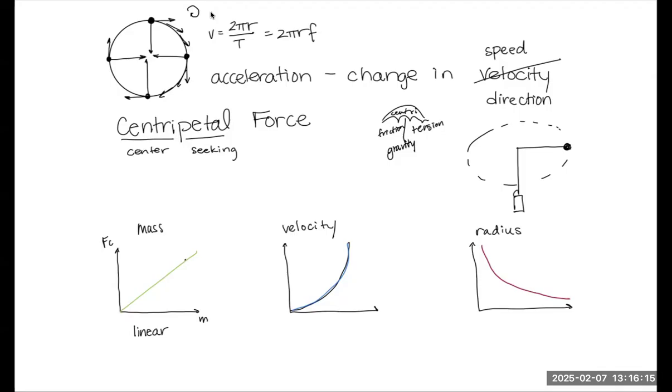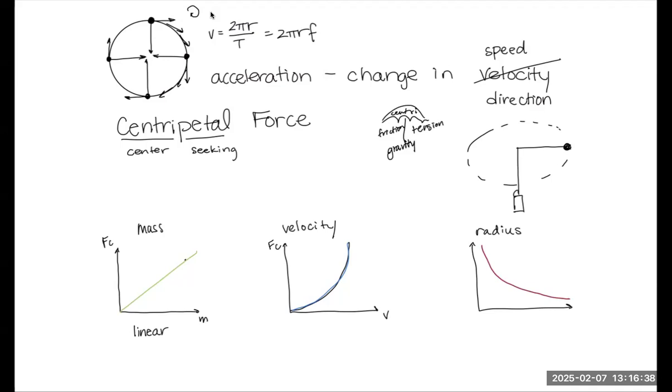Now we see something similar in velocity, but there's a slight change here. When we increase the velocity, we don't just get a linear increase in centripetal force, we get a quadratic increase, which means increasing the velocity a little results in increasing the centripetal force a lot.